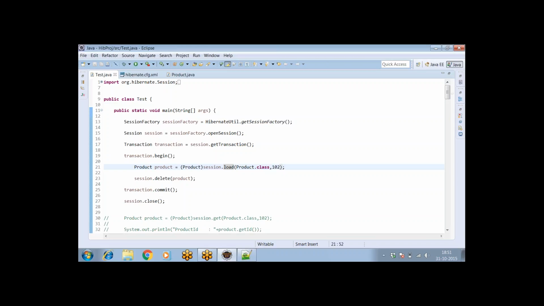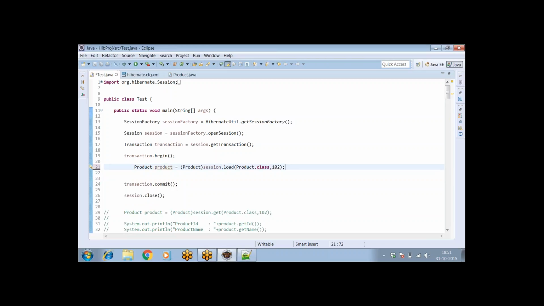And returns that product object reference. Okay, load method will create a product object. When you call the load method, you're passing the class name, right?